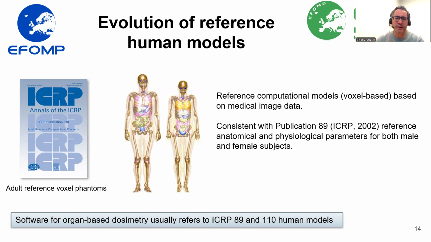The masses and composition of the organs and tissues in this model are consistent with publication 89. Typically, software used for organ-based dosimetry, which can be commercial or free research software, uses these reference phantoms with ICRP 89 organ masses and compositions.